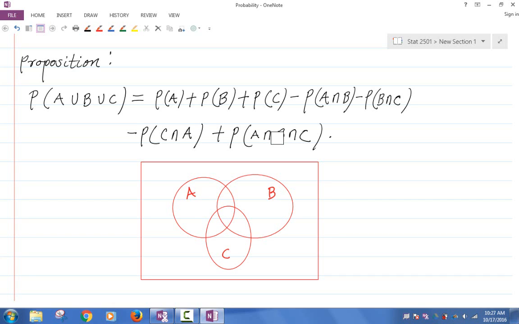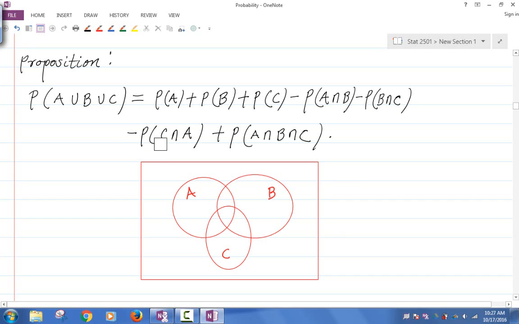Is that making sense? So again, the reason the equation is like this is because, first of all, on the right hand side, by adding P of A, P of B, and P of C, you have double counted the intersection of A and B. You have double counted two-way intersections. So that's why you're subtracting the probabilities of two-way intersections.